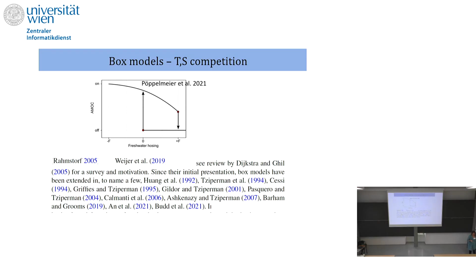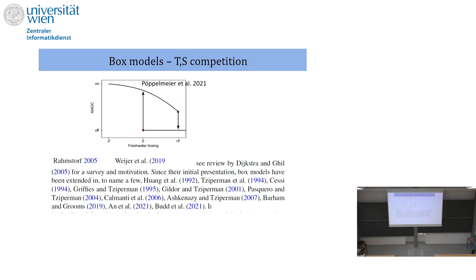And this became a very important work that was afterwards extended, and the same kind of behavior was also observed in GCM simulations, in which the parameter used was the freshwater hosing, how much clear water you put into the system in one of the boxes.